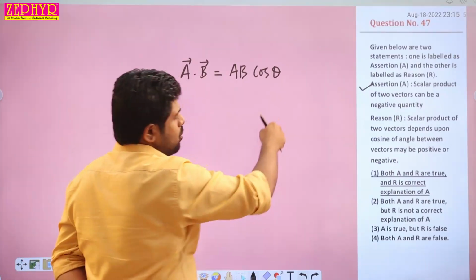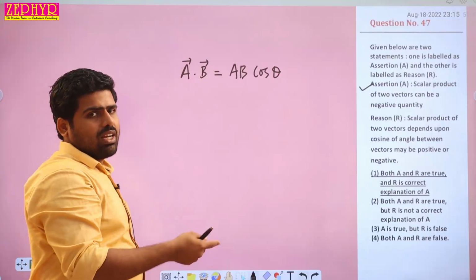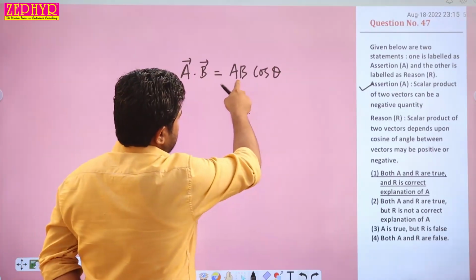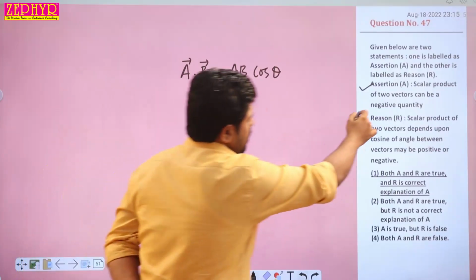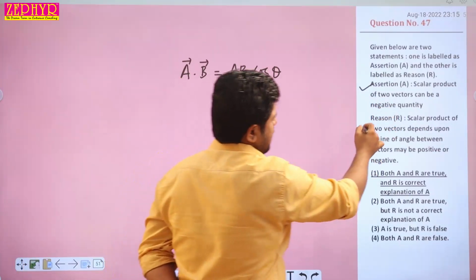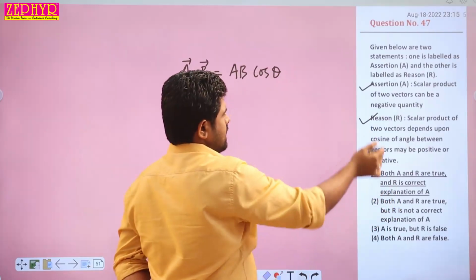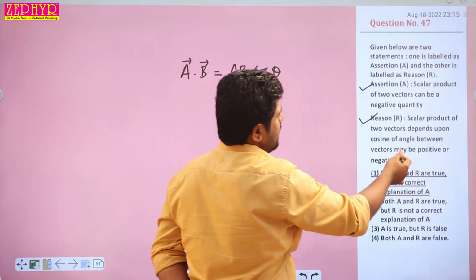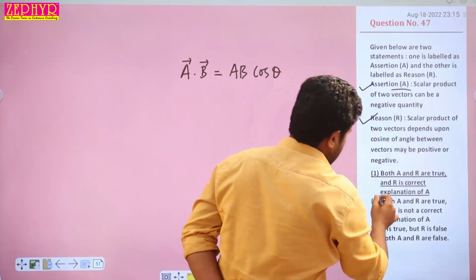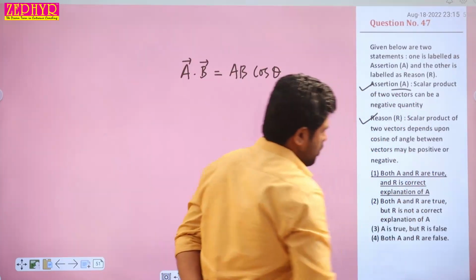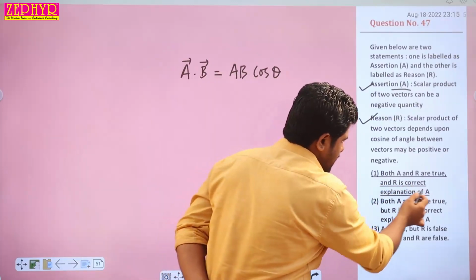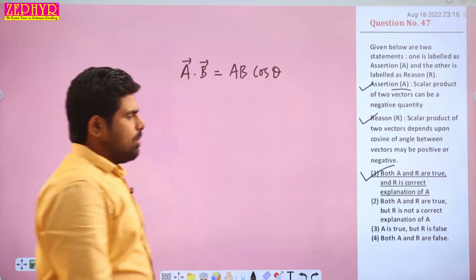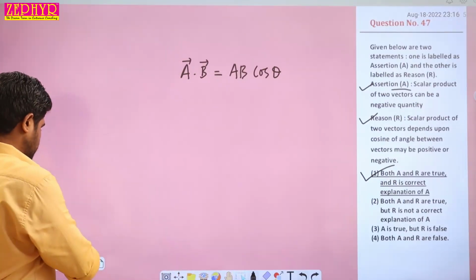When theta is equal to 180 degree, cos is minus 1, so the result is minus AB. So both A and R are true, and R is the correct explanation of A. Option 1 is the right one.